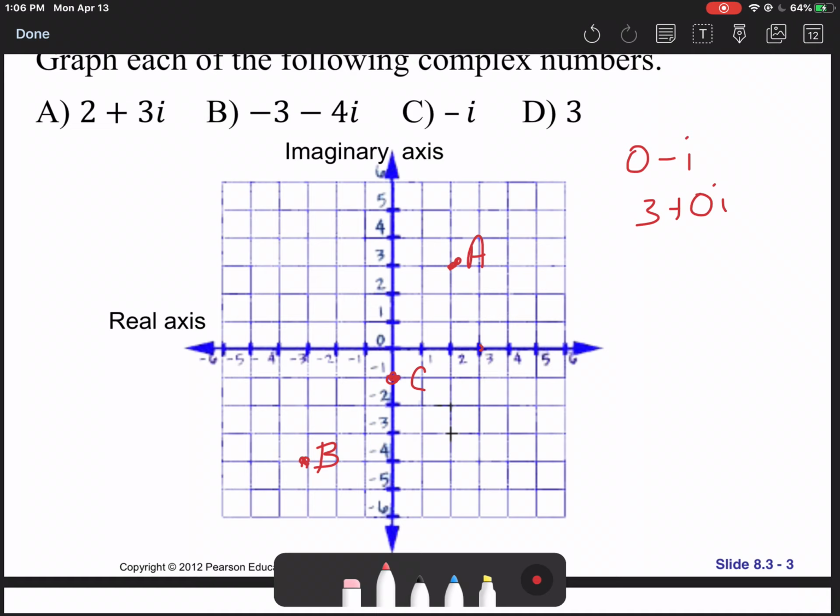But again, this should also make sense that that number 3 would be located there, which is on that real axis, which is just a real number line, okay? So it's all about context. You're still just plotting ordered pairs. Just in the case of the pure imaginary and the pure real, be careful there. An imaginary number is on the imaginary axis. A purely real number is on the real axis. Okay?